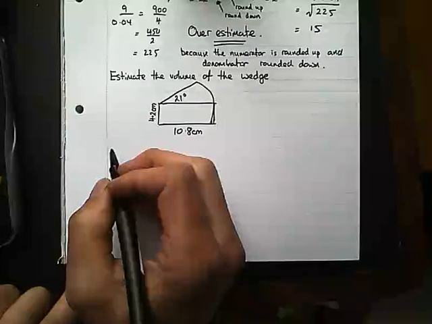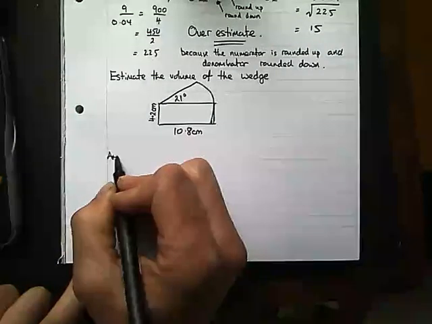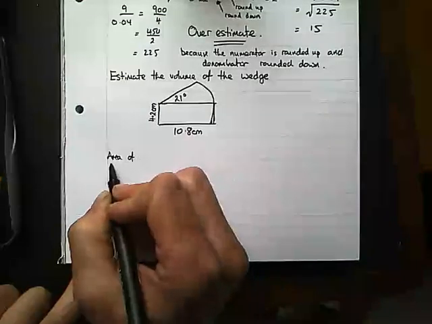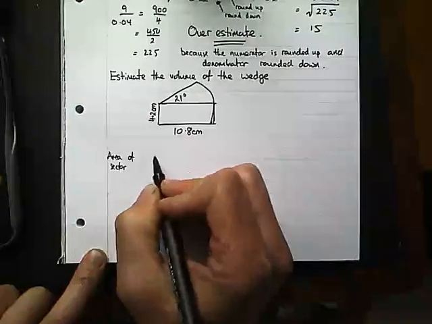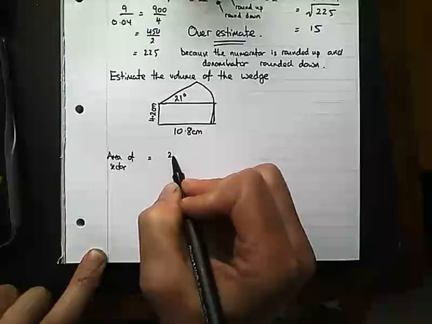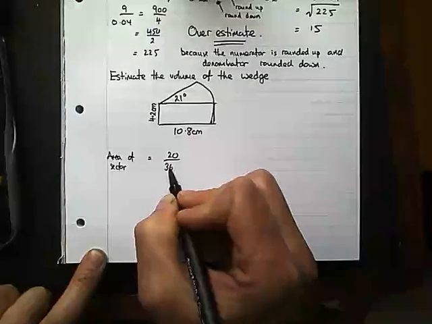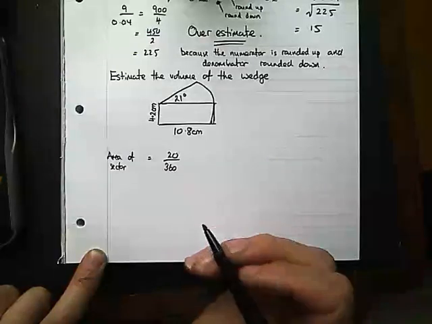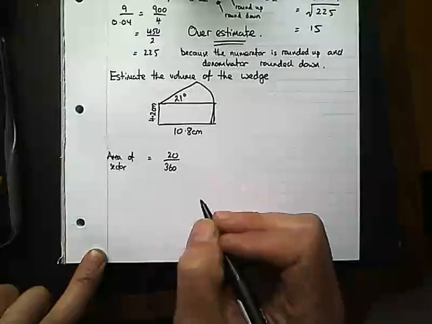So the area of the sector is going to be equal to 20 over 360. Actually, 360 can be rounded to 400 because you're allowed to do that.